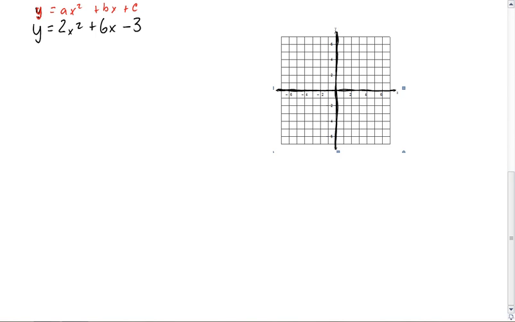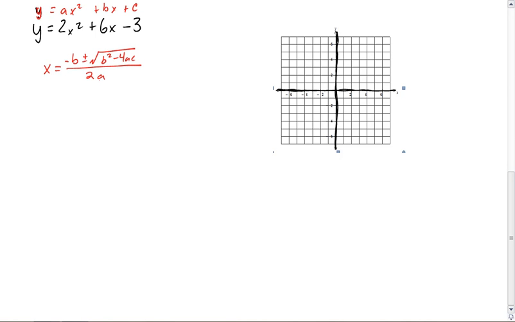Now, in most cases, we could look at this and factor it. This case won't actually factor, so we're not going to factor this one. What we are going to do is use the quadratic formula. And so we would go x equals negative b plus or minus the square root of b squared minus 4ac all over 2a.